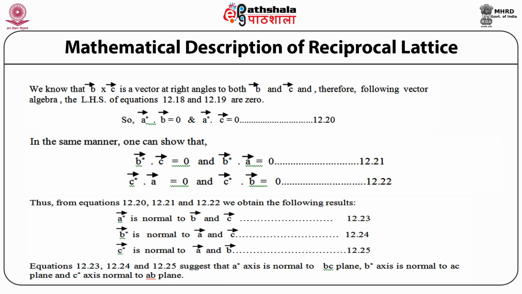Equations 12.23, 12.24 and 12.25 suggest that a* axis is normal to bc plane, b* axis is normal to ac plane, and c* axis is normal to ab plane.